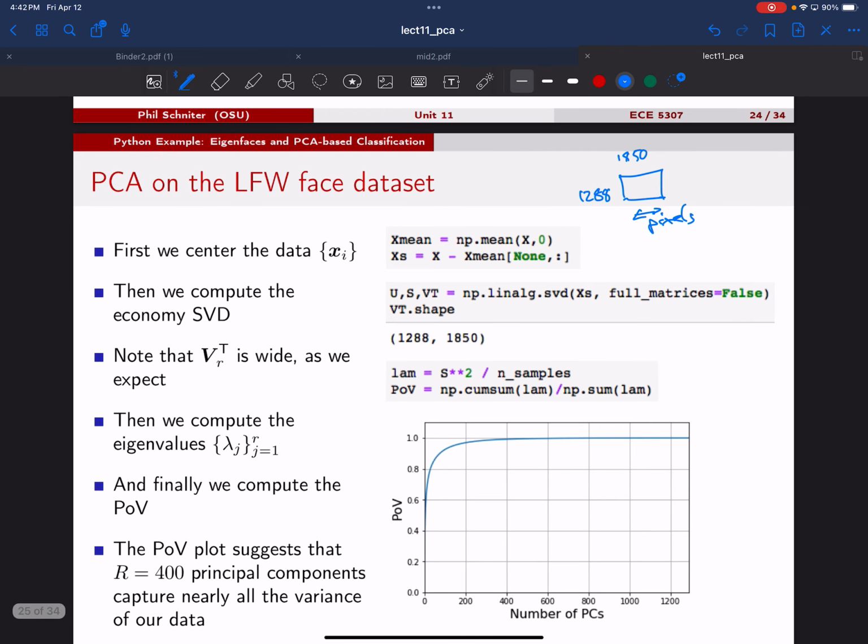So we expect that if this matrix X is full rank, which it is, when we do X equals U S V transpose, we expect something like this.